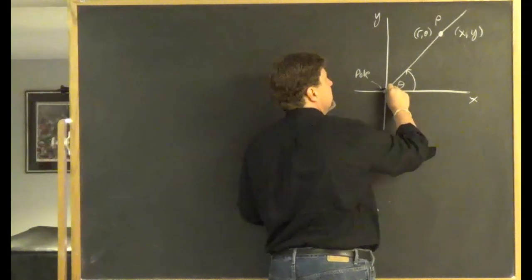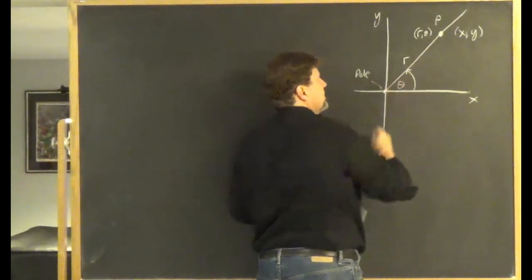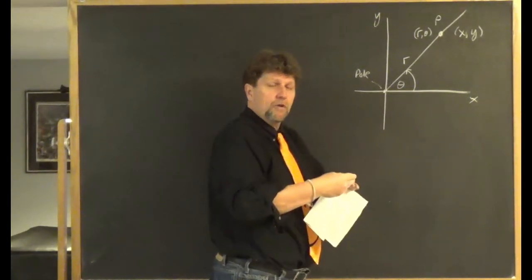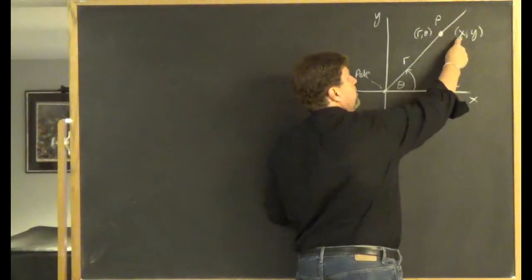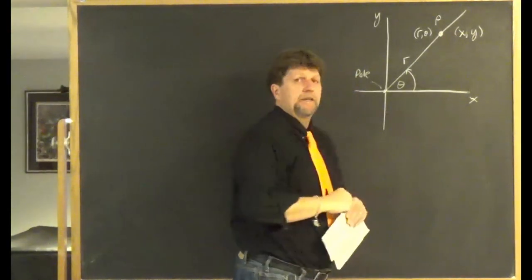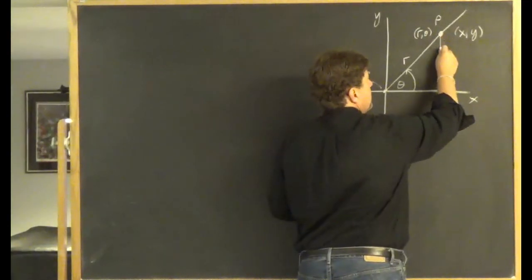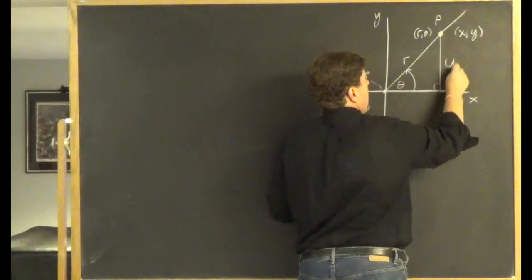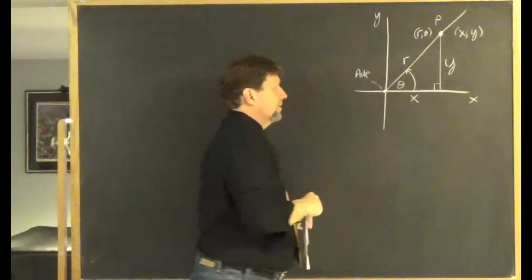So that means from here to here is the directed distance r. Notice in rectangular coordinates, or Cartesian coordinates, this same point would be represented as xy. So here's what that means: this distance is y, and this distance here is x.